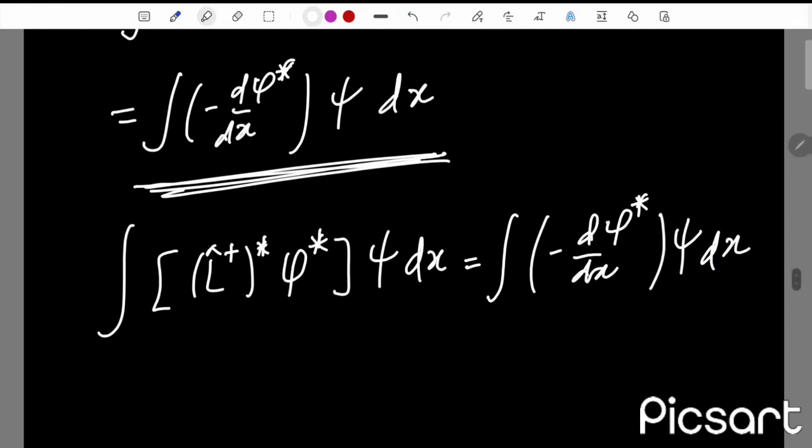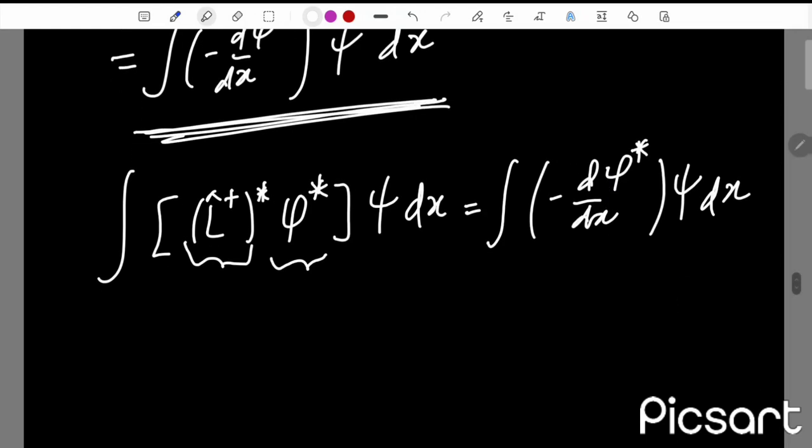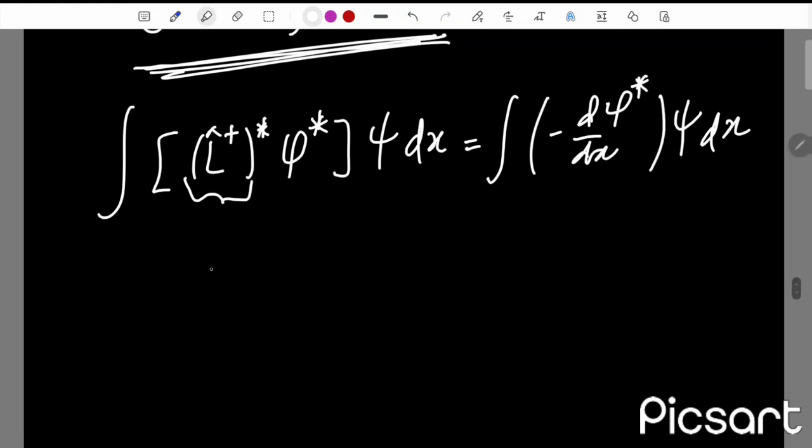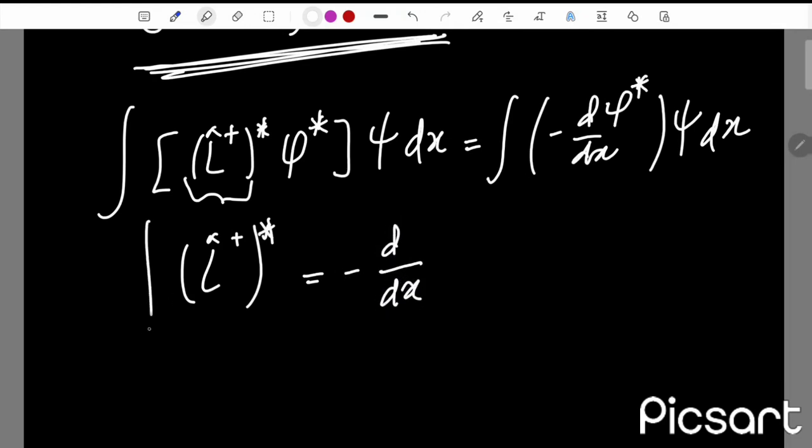And if we compare here, we can see that L dagger complex conjugate is acting on phi star function, and also we can see here that this differential operator is acting on phi, so that from here we can conclude that then L dagger complex conjugate is equal to minus d over d of x.